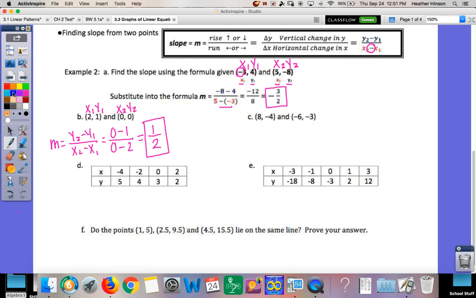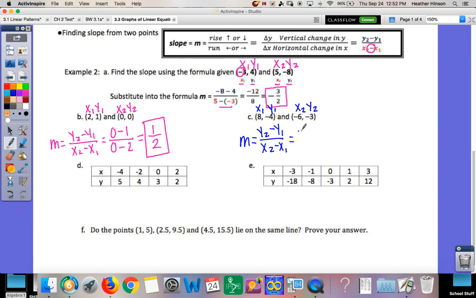We do the same thing for C. You have X, Y points in alphabetical order. And you get first point is 1, second point is 2. And we just plug it into our formula. Y2 minus Y1 over X2 minus X1.